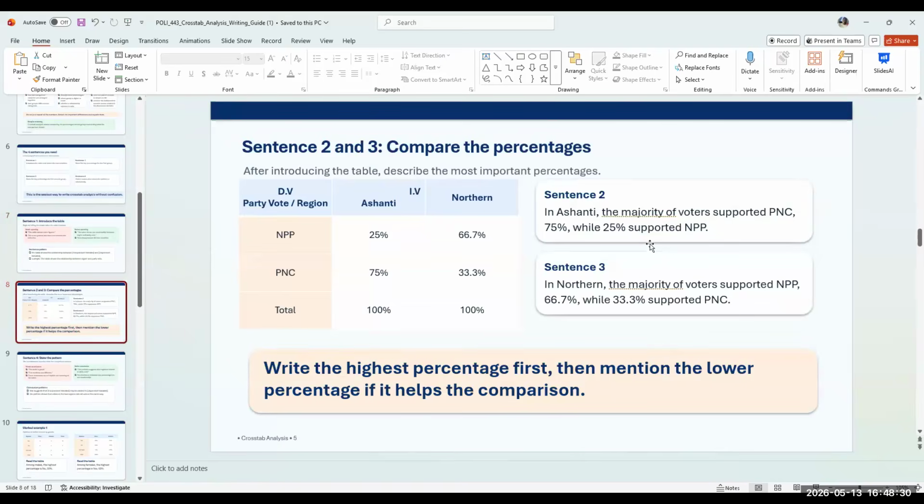In the northern region, so I mention the highest percentage before I come and mention the lowest percentage. That's how I'm comparing it. So I've used the percentages and I've done this analysis.